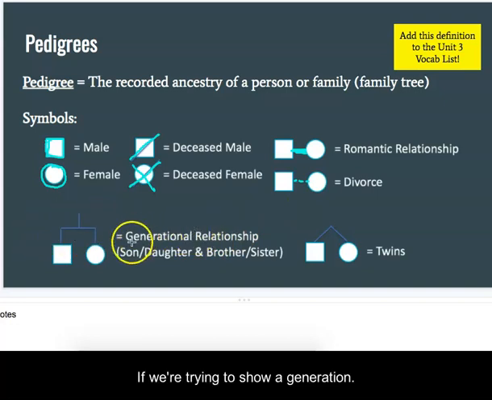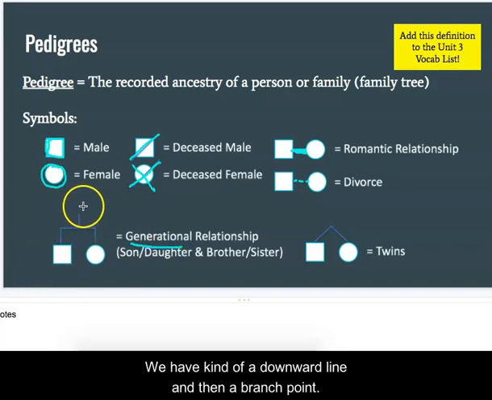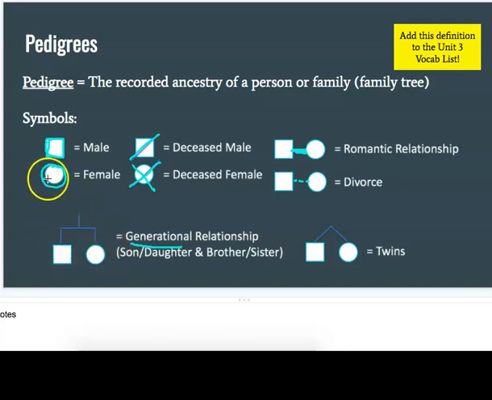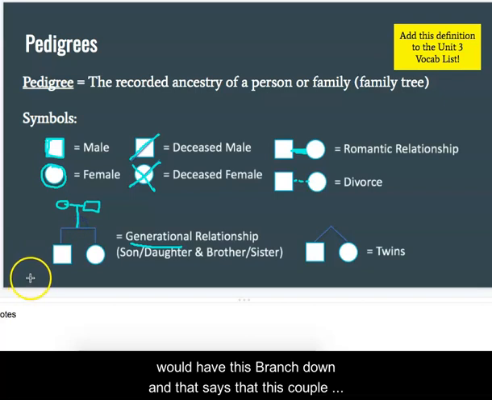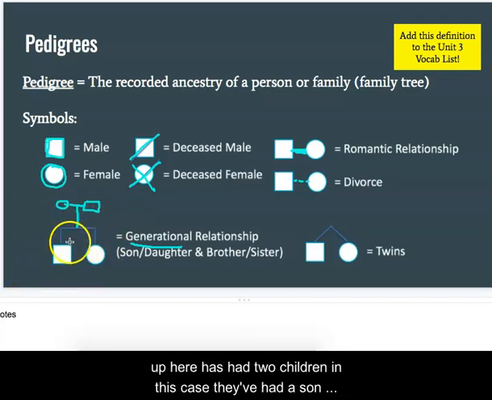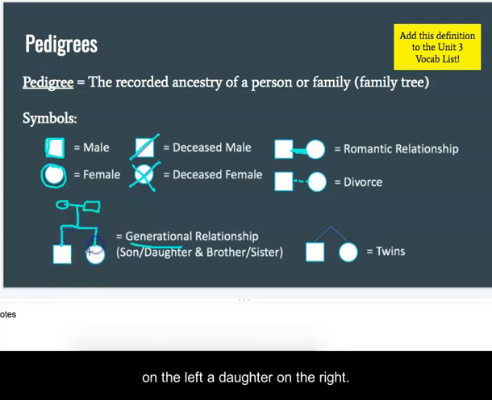If we're trying to show a generation, we have a downward line and then a branch point. For example, I could have a mom and a dad, and let's say they're still together. Between them, I would have this branch down, and that says that this couple has had 2 children. In this case, a son on the left and a daughter on the right.